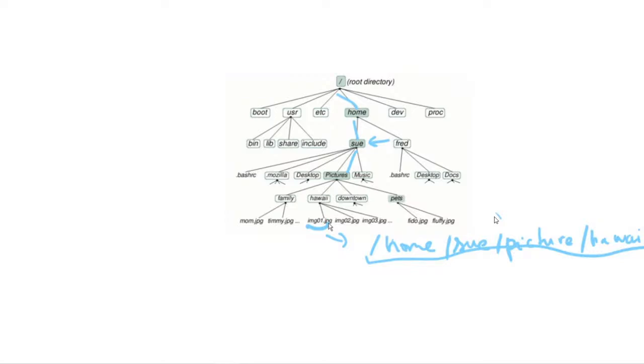So the relative path I could have here is pictures. Now I do not need the root. Pictures, then Hawaii, and then the image with its extension. So this is called the relative path.